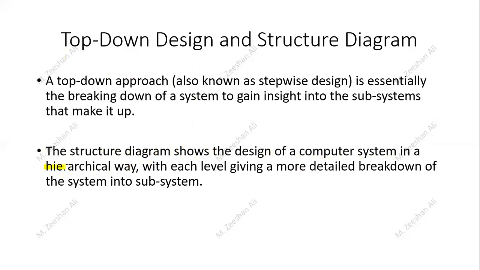Means from the top we write the main computer system, and then the subsystems of it, and then the subsystems of a subsystem, and we keep on doing it until we have one subsystem that is doing one action. When we present this in the form of a diagram, it is called a structure diagram, and that structure diagram is actually a structure of our whole computer system.